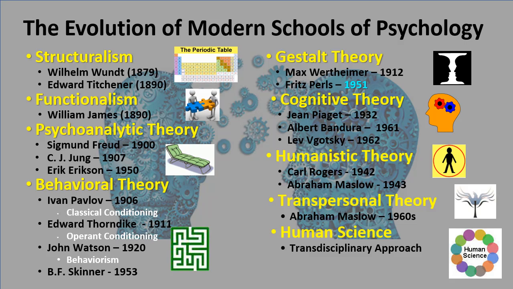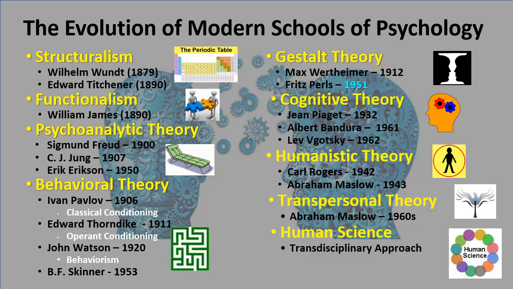So while in textbooks you learn about structuralism, functionalism, psychoanalytic theory, behavioral theory, Gestalt, cognitive, humanistic, etc., you learn those in kind of silos, and you get the idea that they happened one after the other.